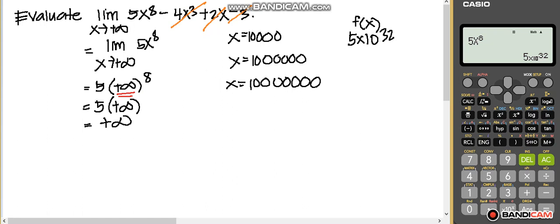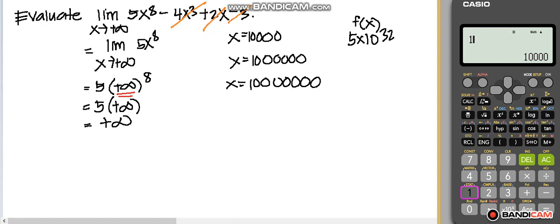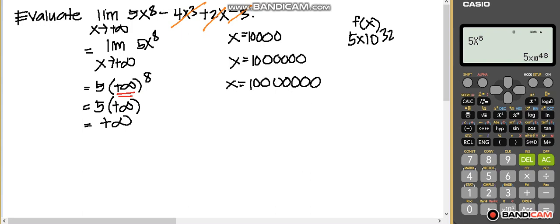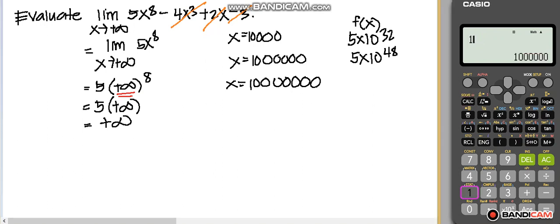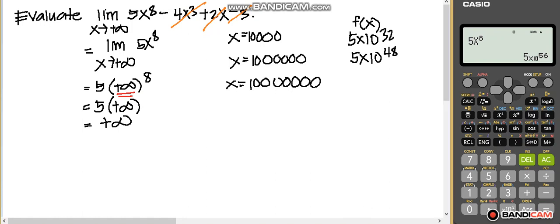Now, sunod naman natin yung 1 million. Okay? That's 10 raised to 6. The value of the function is 5 times 10 raised to 48. Okay? Ngayon, yung value naman ng 10 million, okay, so that's 5 times 10 raised to 56.